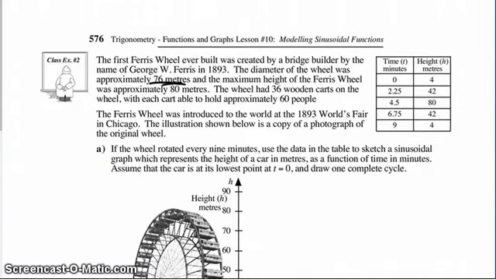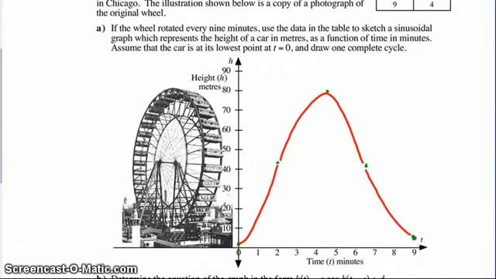It has a maximum height of 80 meters. The wheel had 36 wooden cars. As you graph the table of values, you will see as you plot those values that it creates a sinusoidal curve with those critical points. So if you chart the table of values, that's what you end up with.